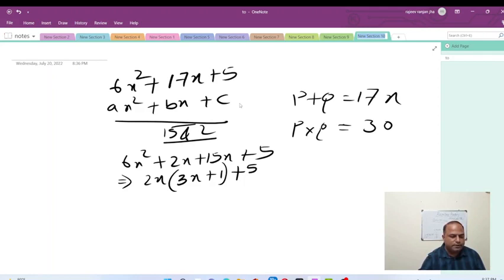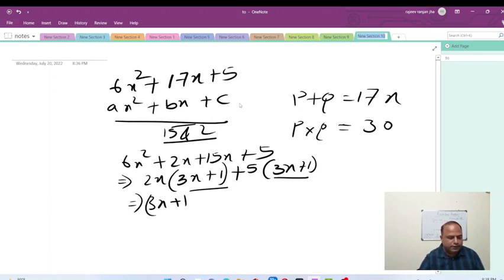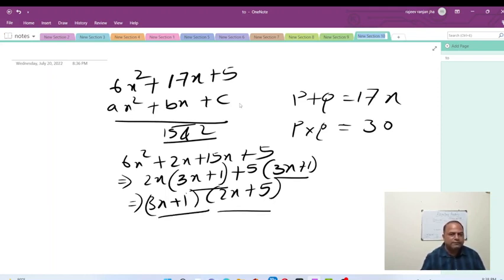Here 5 as common, then you get 5 into 3x plus 1. The purpose is to get similar things inside the bracket. Fine. So now you can take this as common: 3x plus 1 into 2x plus 5. So factorizing the above polynomial is done like this.